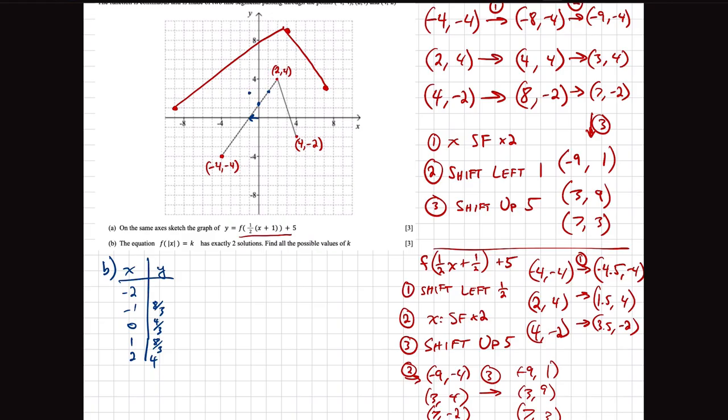Same with -2, I move 2 units in the negative x direction. But it's like I plugged in +2 because the absolute value of -2 is 2. So I end up with the same output for -2 that I had for +2. All right, so that's going to be -2 and 4.